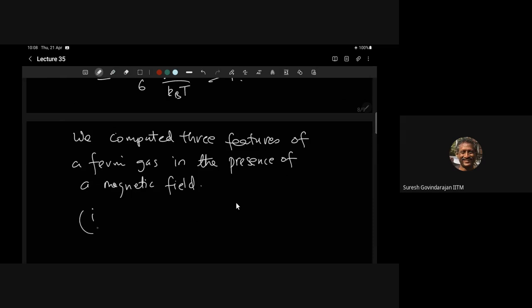Okay, the first one was Landau diamagnetism. This was the high T story with only the orbital part.